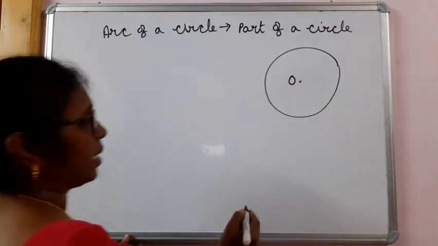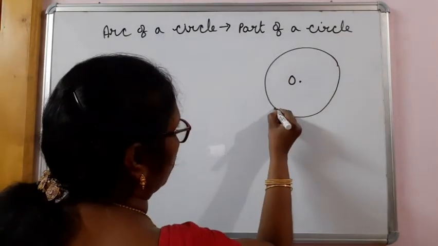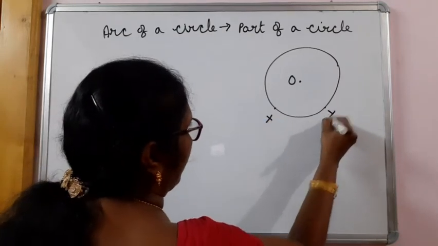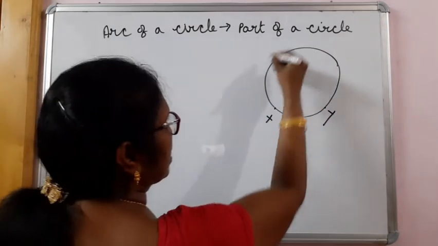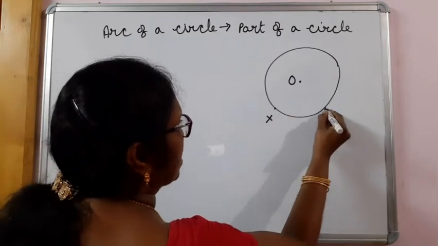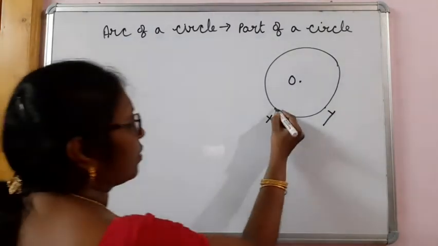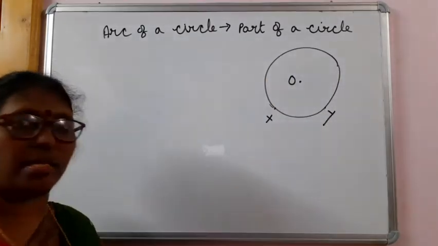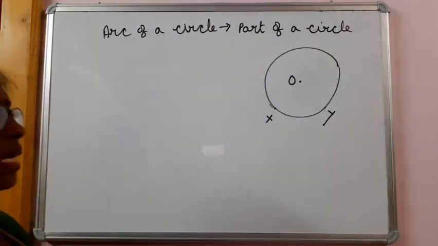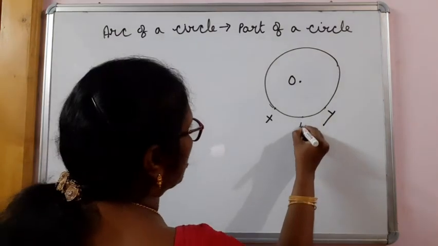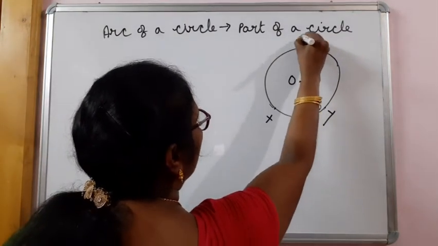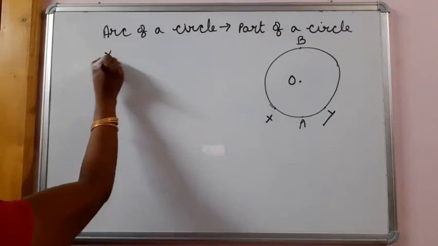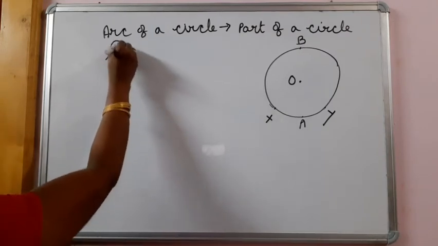Suppose this is the circle with center O. Let me take these 2 points X, Y. X, Y is the part of the circle. For better understanding, let me name this point here as A, here as B. And for the arc of a circle, we can write XY like this.